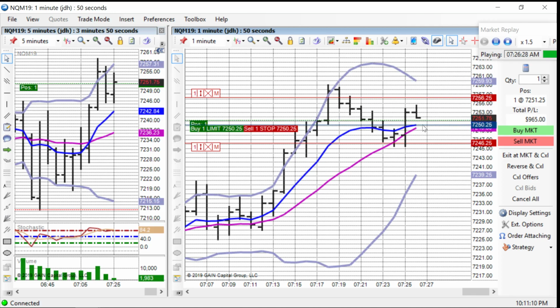So yeah, I'm breaking some rules. And at this point though, in reality, if this were a live trade, I'd be looking at $1,000 profit.